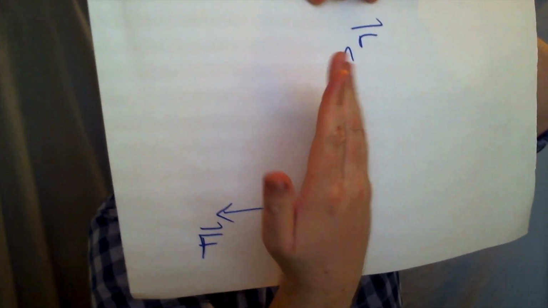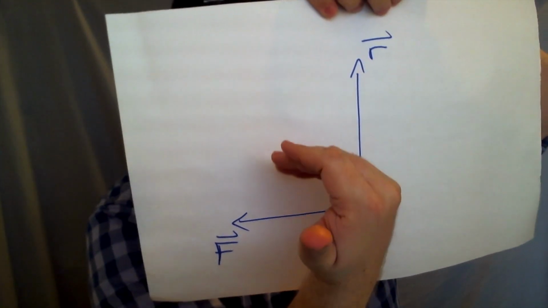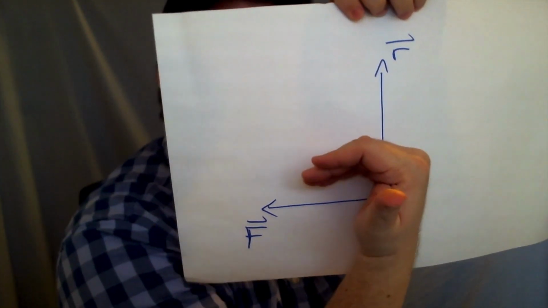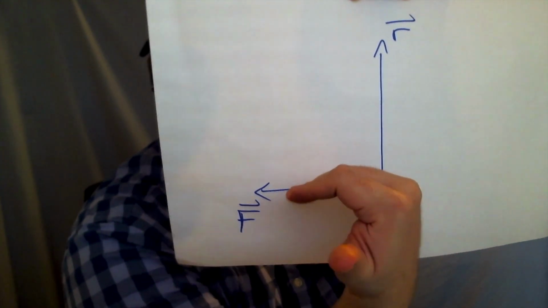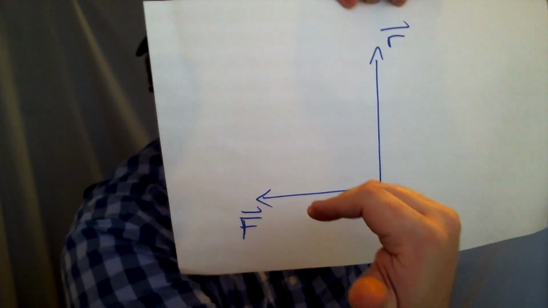You need to turn your hand around, and now you can suddenly bend your fingers in the direction of F. So R cross F gives me, that's my thumb, right? It's tau. Tau is going out of the page towards you, right? Out of the page towards you. And that is how tau ends up working. You can do a whole slew of these examples, but generally speaking, R cross F gives me tau. That gives me a direction for tau.